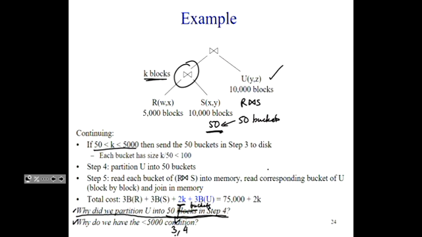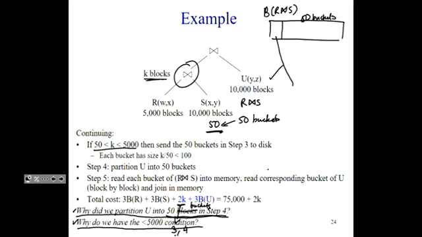Okay. Finally, why did we have the less than 5,000 condition? Well, the way to reason about that is you have R joined with S, which is hashed into 50 buckets. Okay? So each bucket has K divided by 50 blocks.